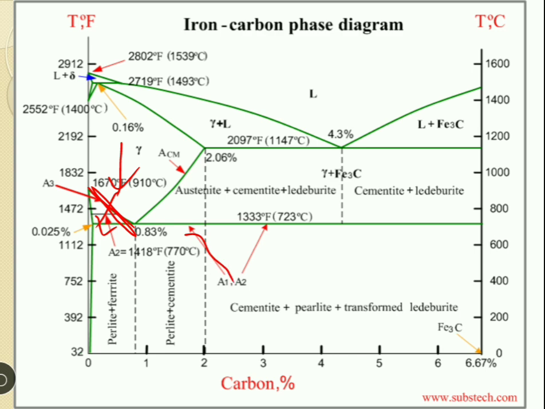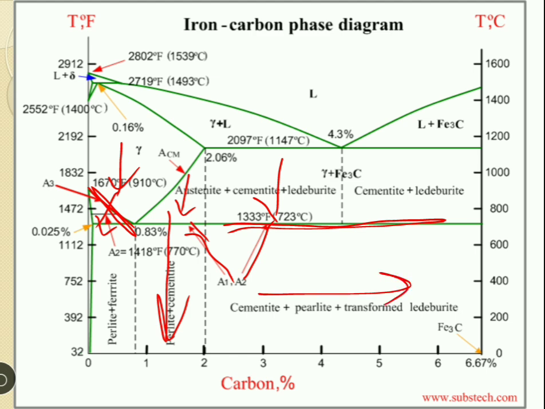Again A1 is there, where austenite is converting into pearlite and there is no further austenite phase. Then A2 is the temperature where the phases are converting into cementite. So these are the various transformations taking place in the alloys.